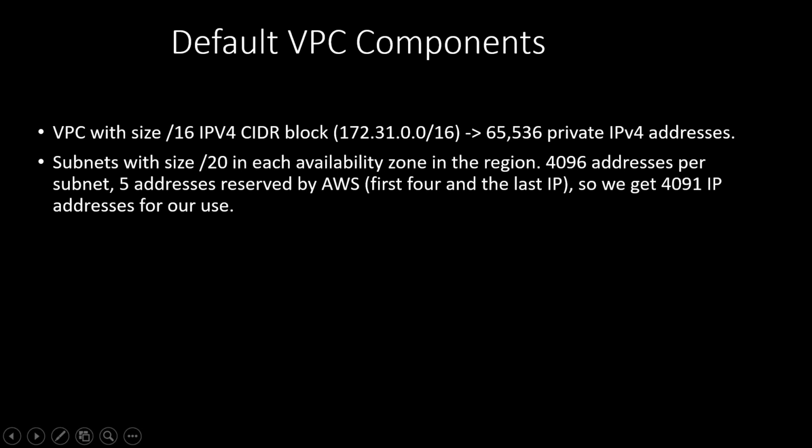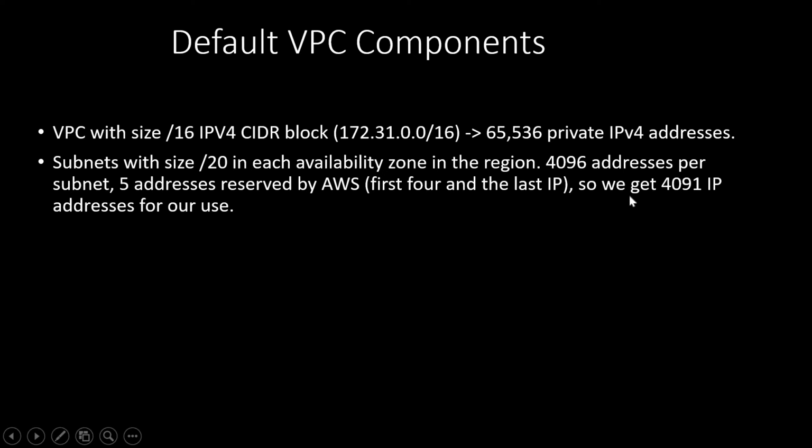And then the second thing is we get subnets with size /20 in each availability zone in the region. With this CIDR block, we get 4096 addresses per subnet, in which 5 addresses are reserved by AWS, the first 4 and the last IP.